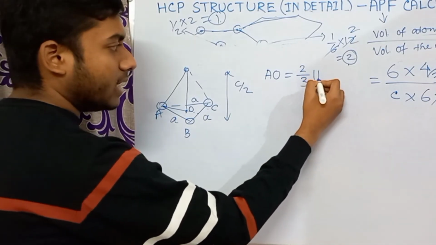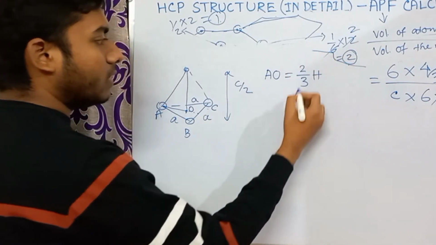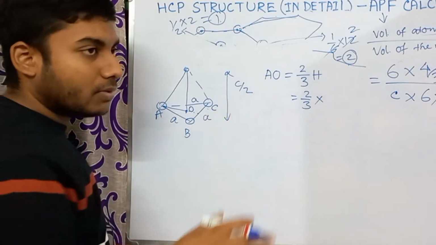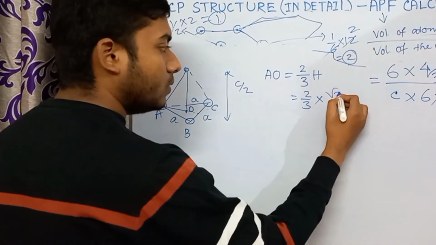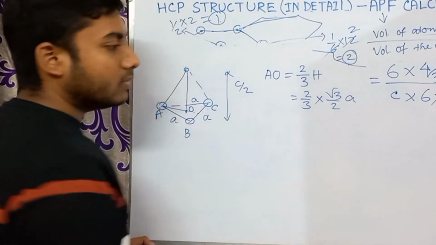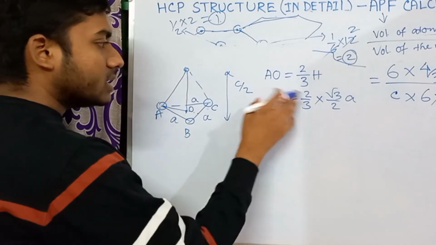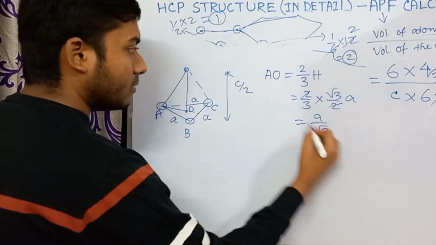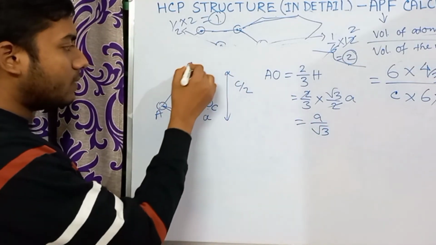I am denoting the height with h, and the height of an equilateral triangle is root 3 by 2 into the length of each side. Now this is AO, so the AO will be A by root 3.